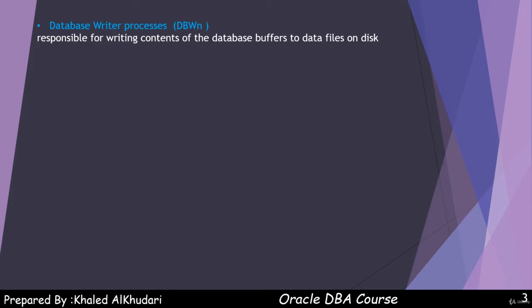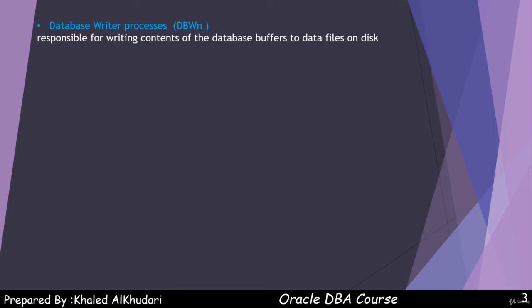First thing, we have the database writer processes, DBWn. When we see n, this means that I could have many database writers. Remember this. The main purpose of the database writer is very simple.